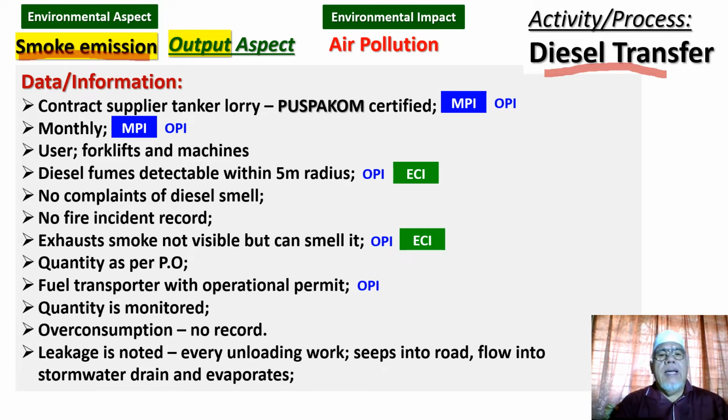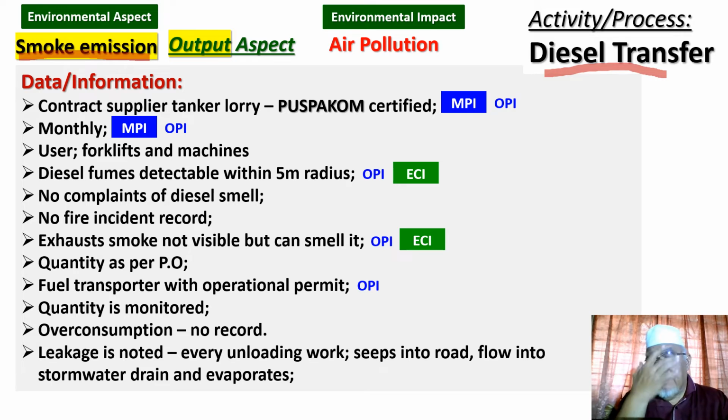And when we look at it, not every data that we have is representative of the smoke emission from that outsourced lorry supplier in this particular activity, which is diesel transfer. So what we have is only this. And I'm just giving an example. When you go out there and do this, go into detail.